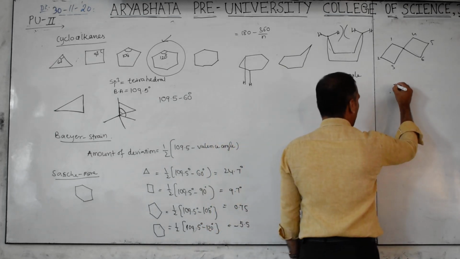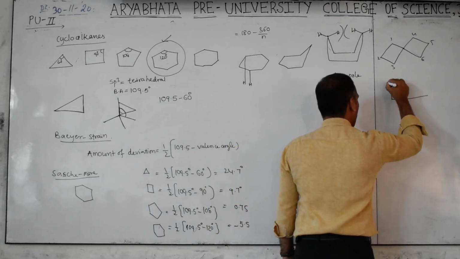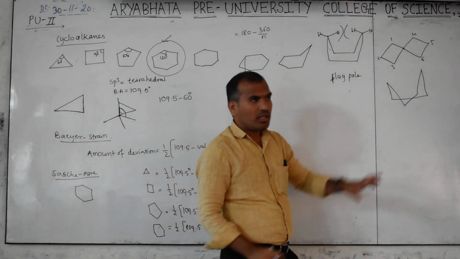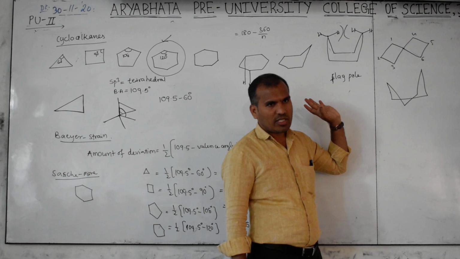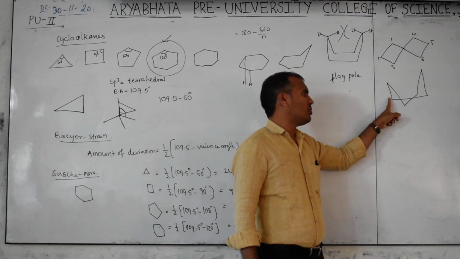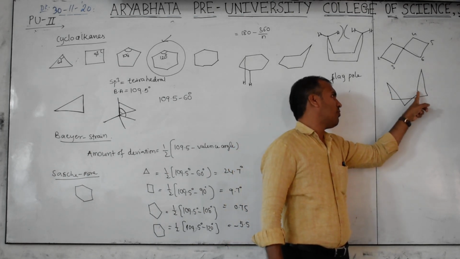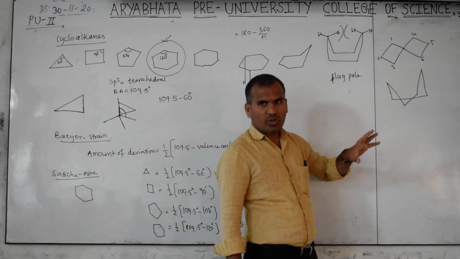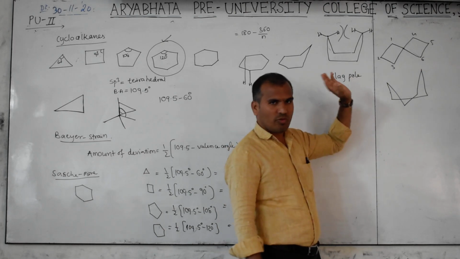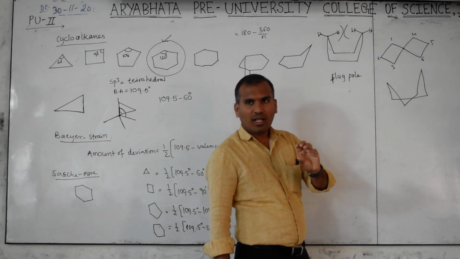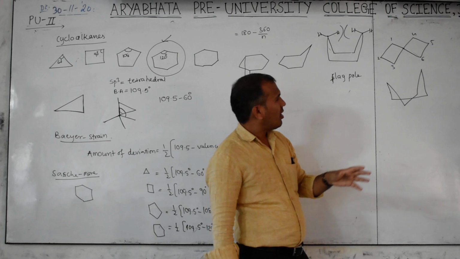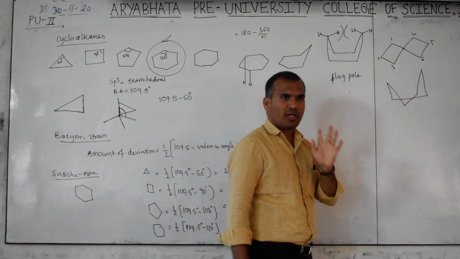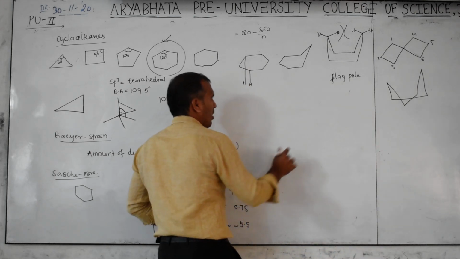Otherwise, it may also be represented in this way. Like this also. This and this are the same. Both are twist boat. 1, 2, 3, 4, 5, 6. Six carbons. Twist boat is a little bit more stable than the boat form because it has somewhat less torsional strain. And anyway some repulsion will be there, flagpole-type repulsion a little bit. So it is less unstable.